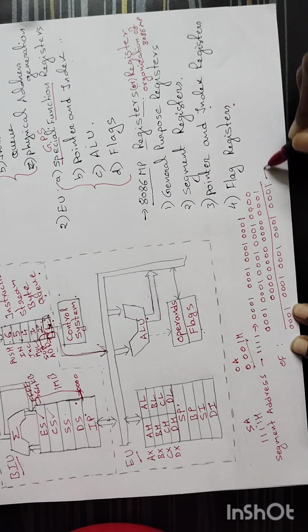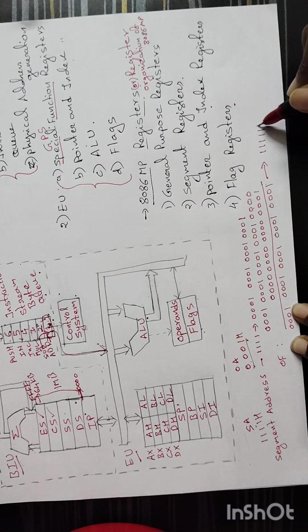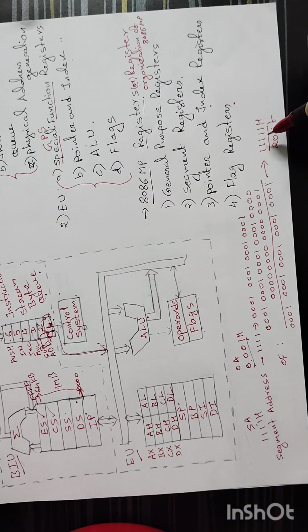Now in hexadecimal form the value is 11111H. How many bits in total? 20 bits. So the 16-bit address location is converted into a 20-bit physical address, and that is the generation of the physical address.